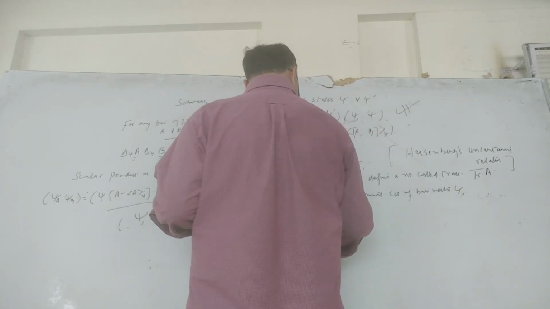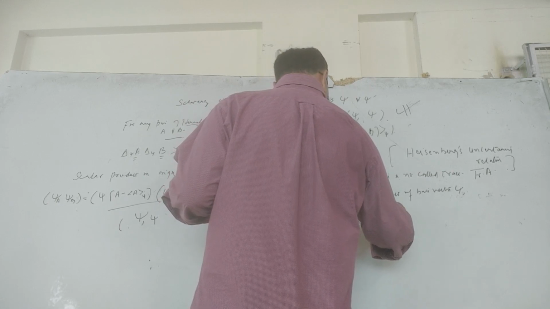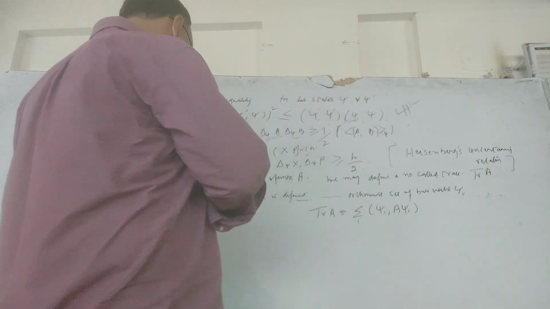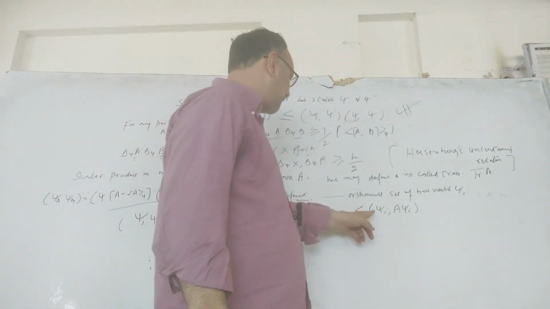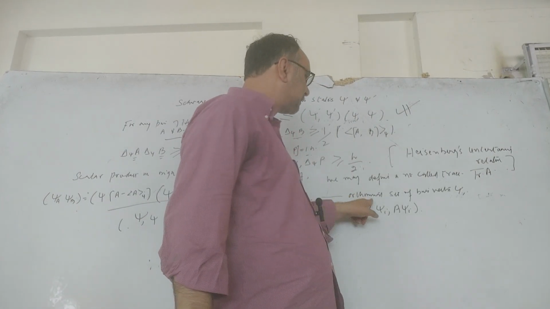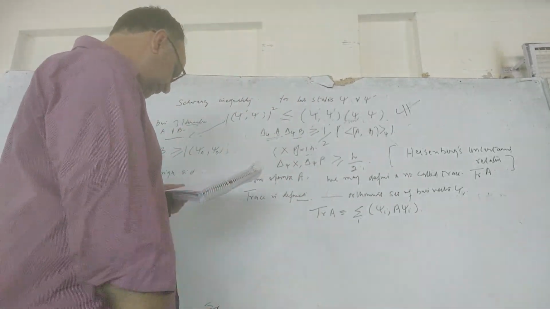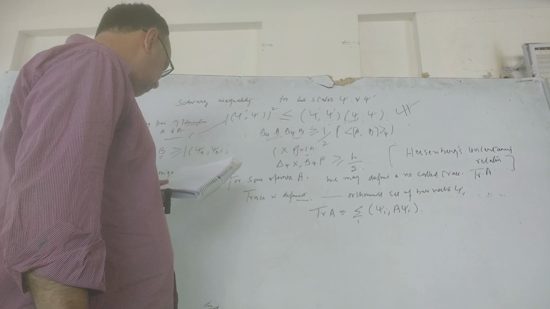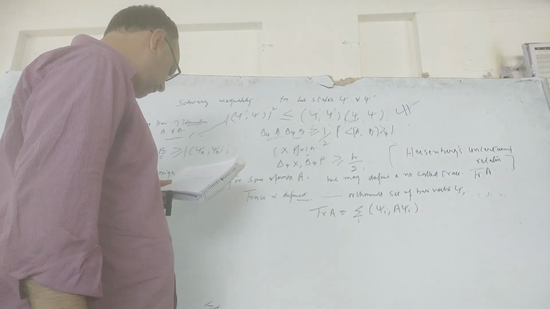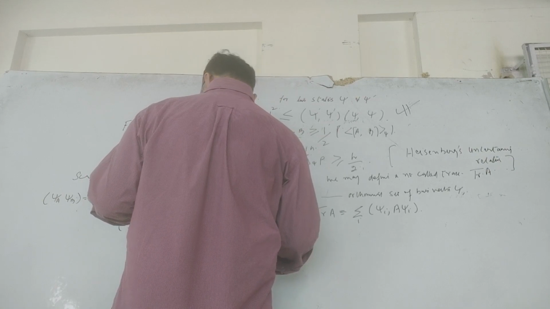So if this is the way we define trace, the definition is useful because it exists independent of the choice of the vectors.